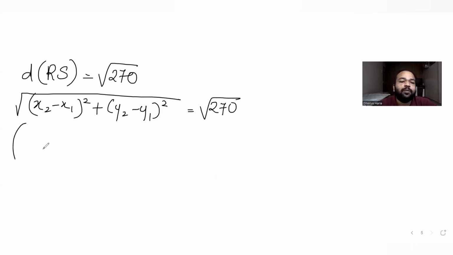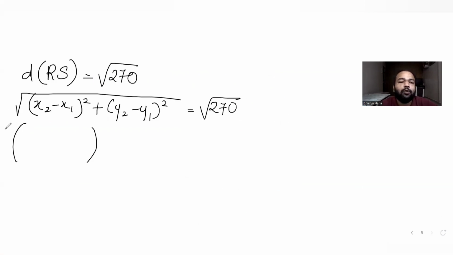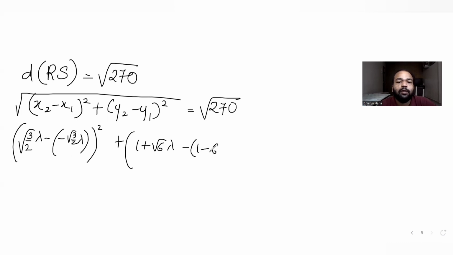Squaring both the sides gives me (x2 − x1)² plus (y2 − y1)² directly, so the square root gets removed. If I write x2 minus x1, it is √3/2 lambda minus (minus √3/2 lambda), the whole square. Here I get y2 becoming 1 plus √6 lambda minus 1 minus √6 lambda. The whole square is equal to 270.